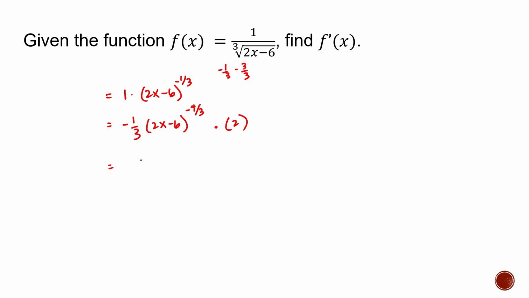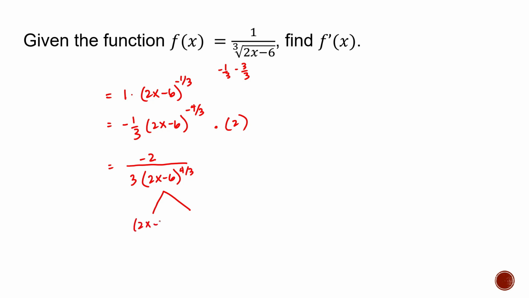So this is equal to negative 2 all over 3 times (2x minus 6) raised to 4 over 3. I think we can still simplify that, because this is 4 over 3. We can factorize that.